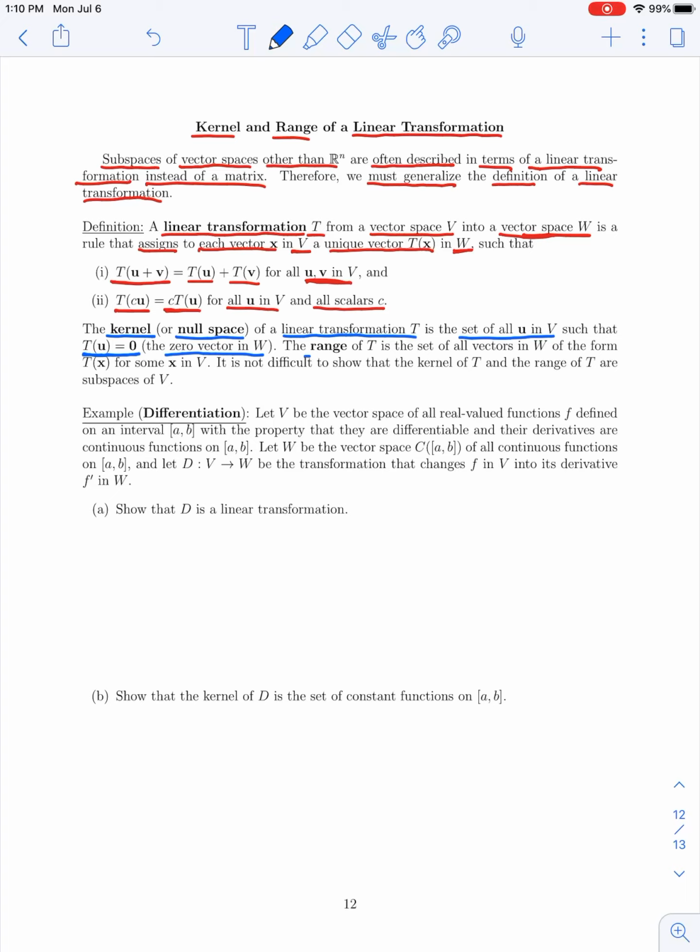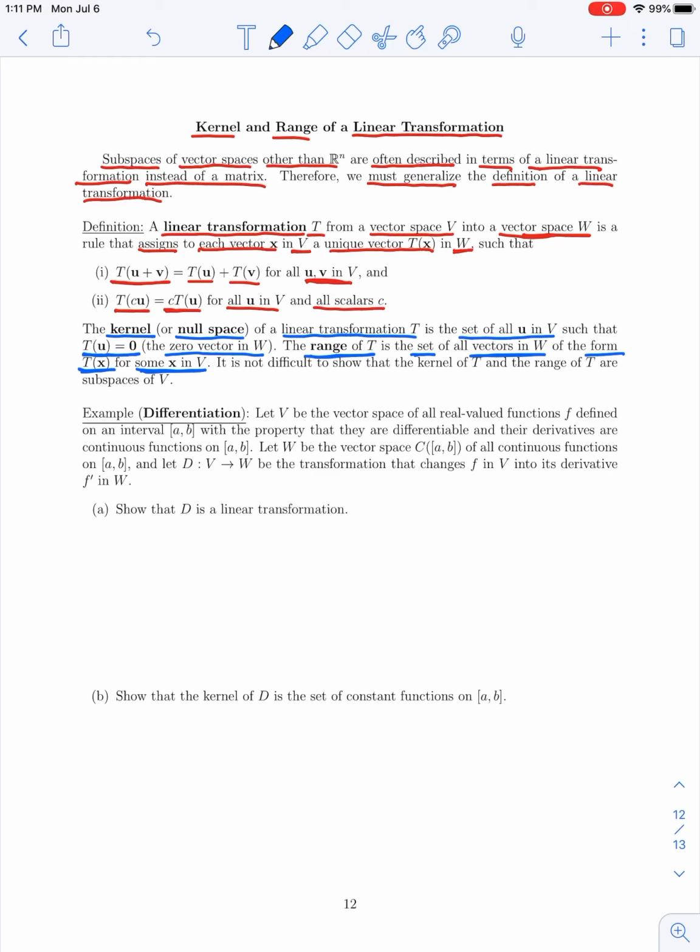Now, the range of T is defined as the set of all vectors in W which can be expressed in the form T of x for some x in the vector space V.